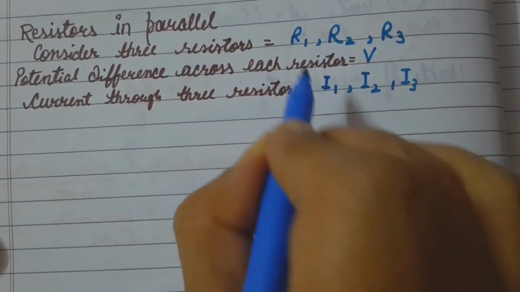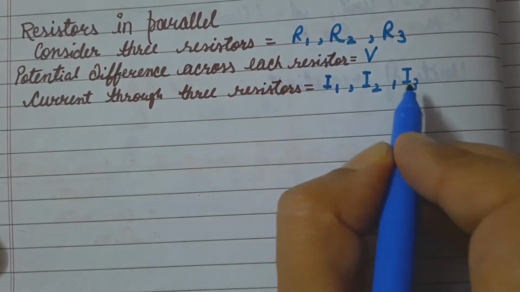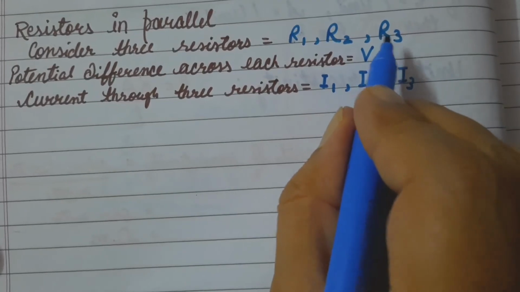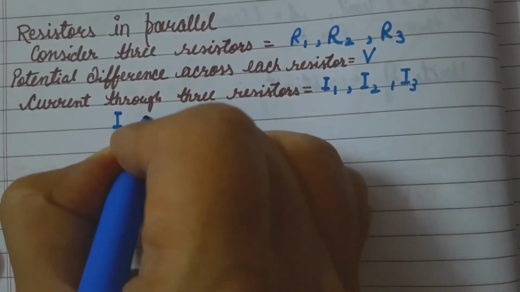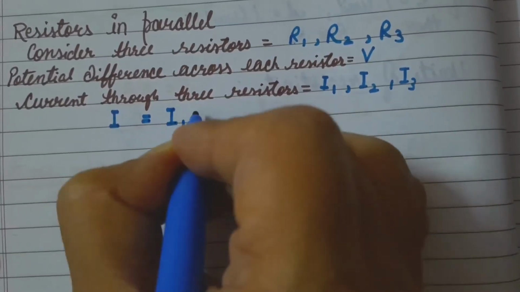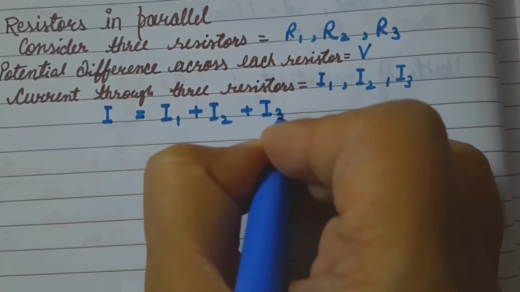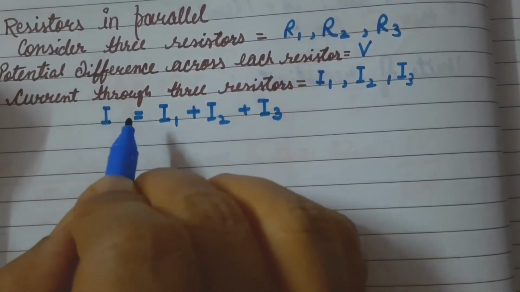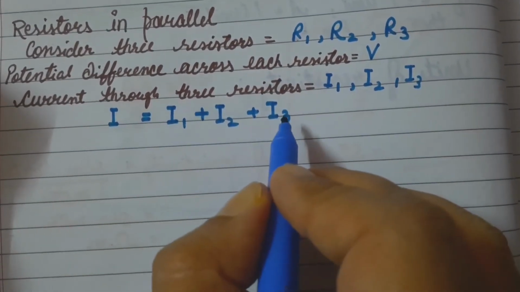I1 is the current passing through R1, I2 is the current passing through R2 and I3 is the current passing through the third resistor, that is R3. Now let us calculate total current in the circuit. I is equal to I1 plus I2 plus I3. Here current I drawn from the cell divides into three parts I1, I2 and I3 which flow through the resistors R1, R2 and R3.